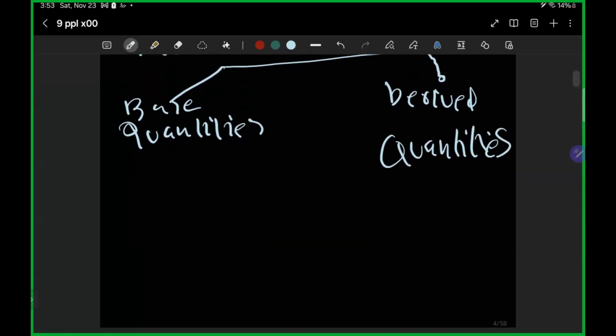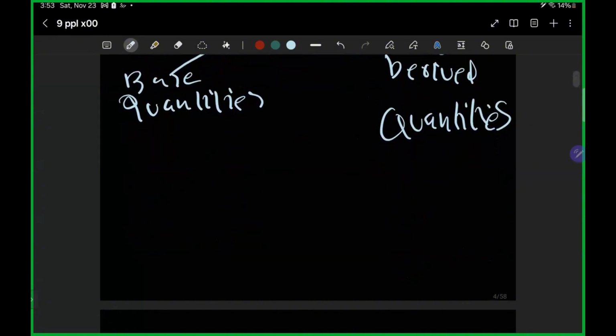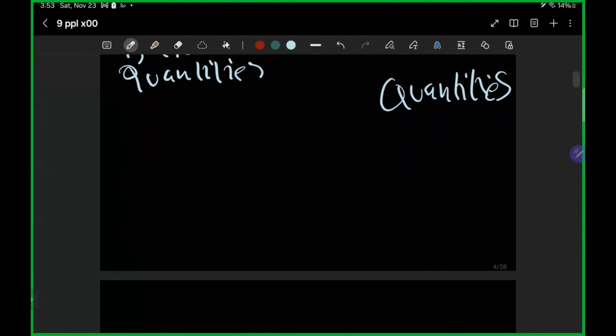There is a very small number of base quantities. The number of base quantities is seven, while there are more than 300 derived quantities which are derived from the base quantities.